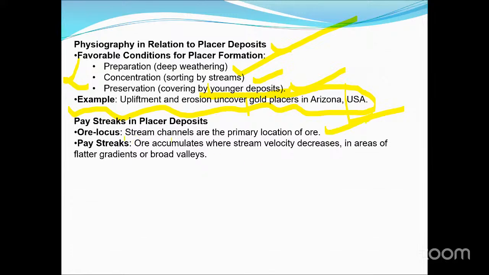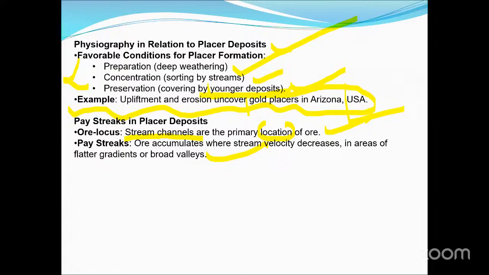Ore accumulates where stream velocity decreases, in areas of flatter gradients or broad valleys. What will happen in placer deposits? Pay streaks are where ore accumulates as stream velocity decreases in areas of flatter gradients or broad valleys.